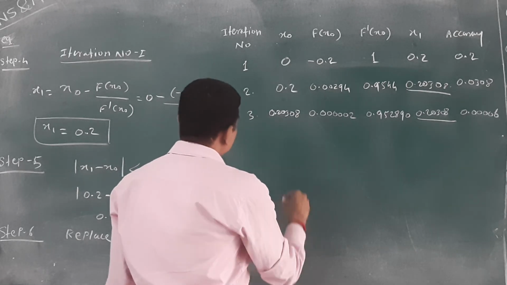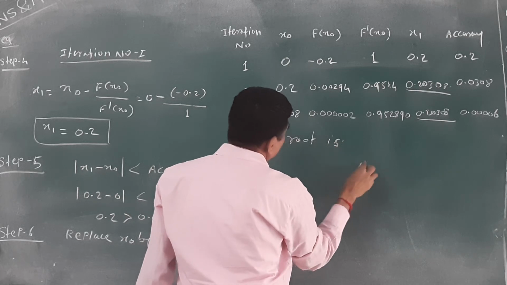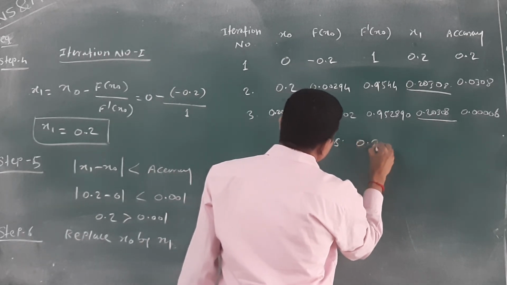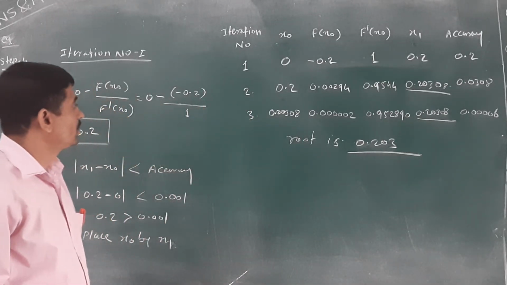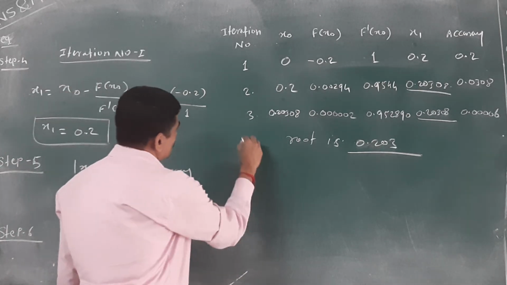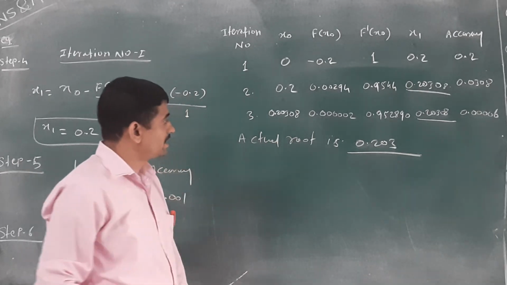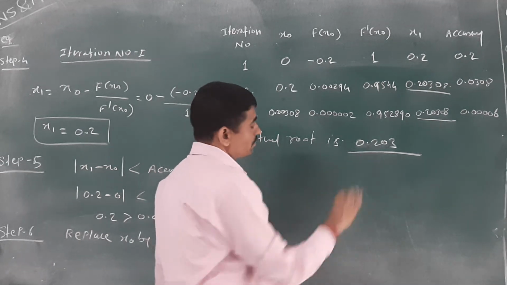Our exact root is 0.203 up to 3 decimal points. The actual root is x3, equal to 0.203, or x equal to 0.203, we can say.